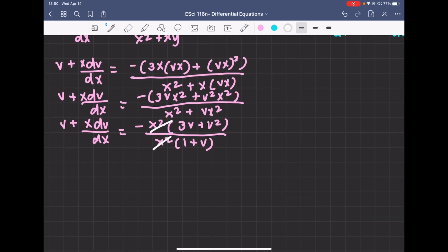And next, we're gonna put our v to the right side now. That's x dv over dx equals to negative 3v, distributing our negative sign. It's negative 3v minus v squared over 1 plus v minus v.